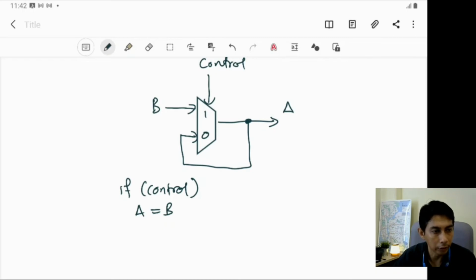Always clock, this is the sensitivity list, so the output is sensitive to this signal. If clock equal to 1, or clock active, the output is equal to D. And if clock equal to 0, or not active, the output will remain the same, right? So this is the latch. All right, so this is how to create a latch in Verilog.